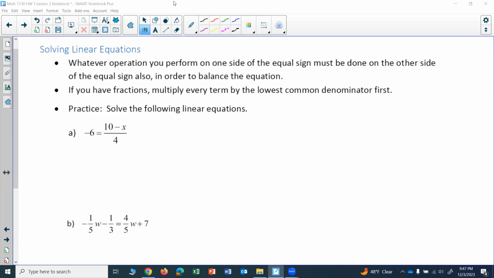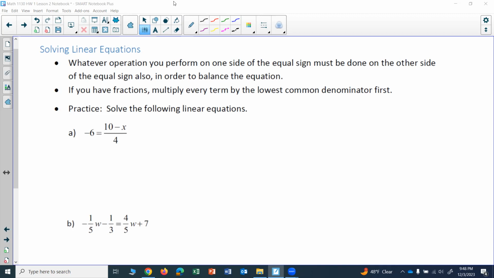Key ideas to remember is that whatever operation you perform on one side of the equals sign must be done on the other side of the equals sign also in order to balance the equation. You can think of it like you have a scale that's balanced on one side and the other side.